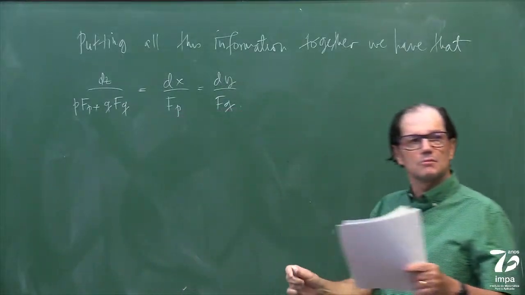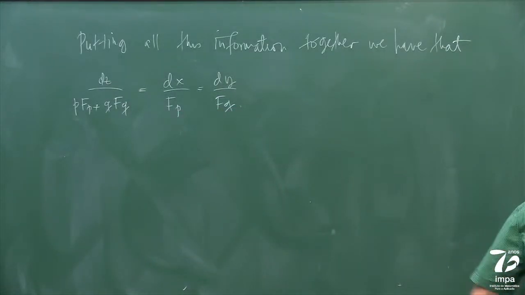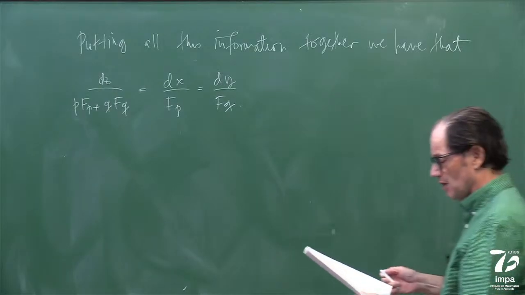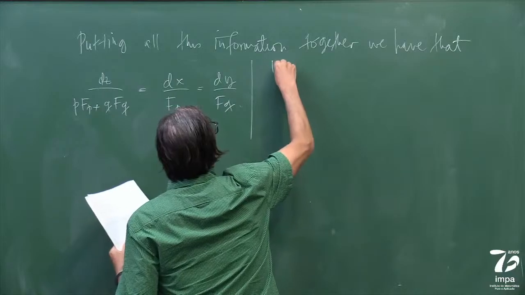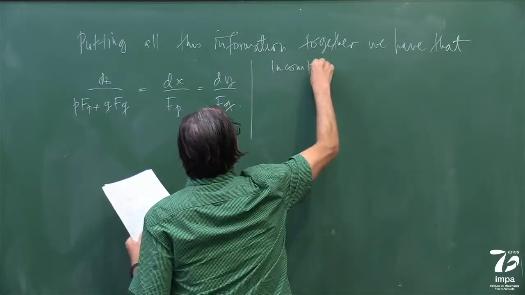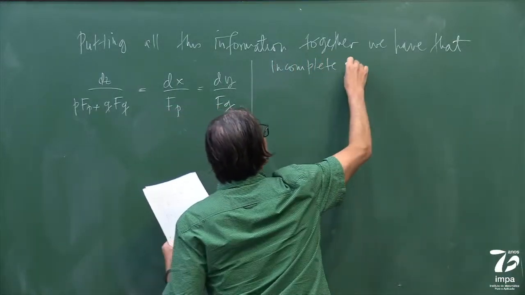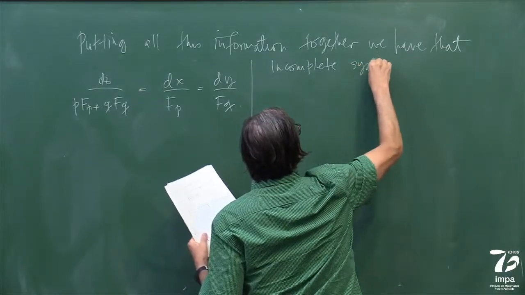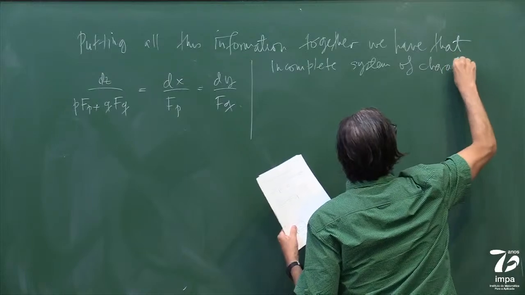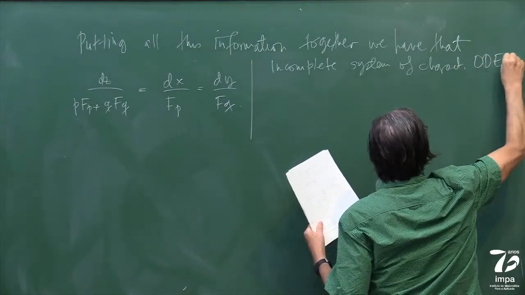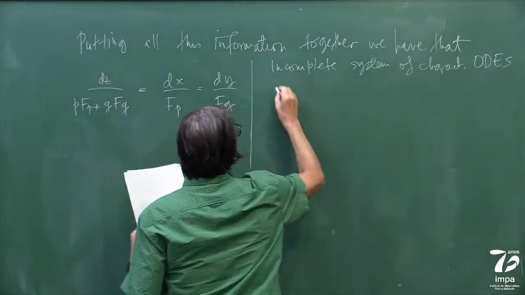Right? If you take the limits, the point approaching, just putting these ratios, right? And I skipped, I think, maybe one line from the notes. Okay. No big. So therefore, let me put here, we have like an incomplete system of characteristic ODEs.